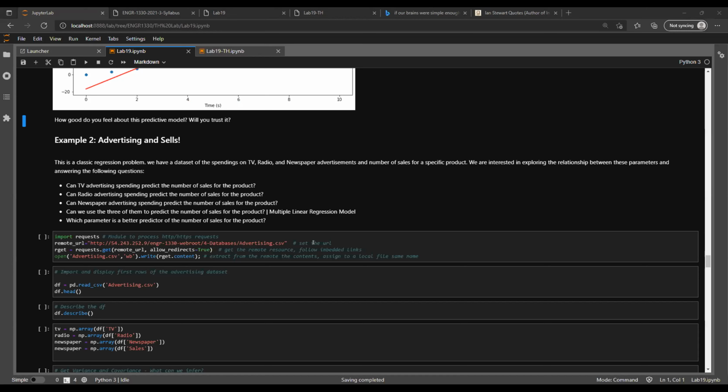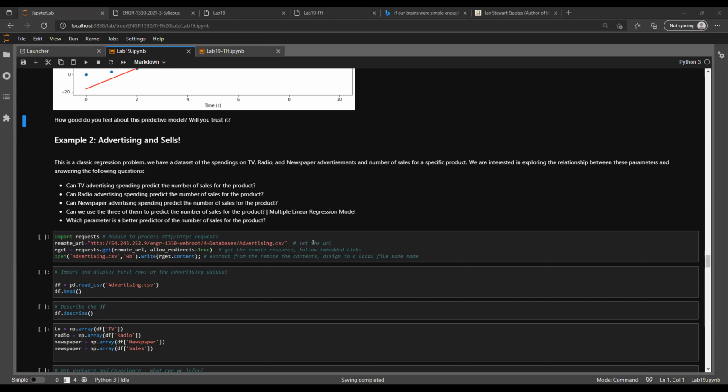Well, it's not buying the actual TV, radios, and newspaper. It's I'm putting out an ad on TV, I'm putting out an ad on radio, I'm putting out an ad in newspaper for widgets. And then we're measuring how many widgets we sold.